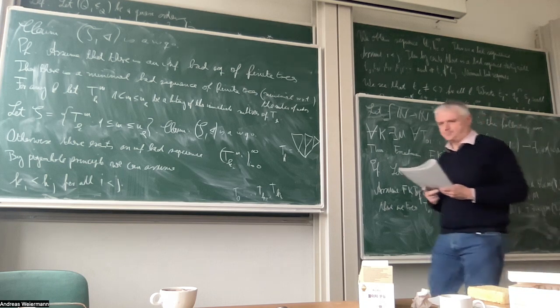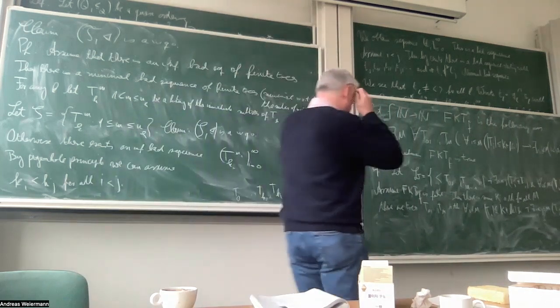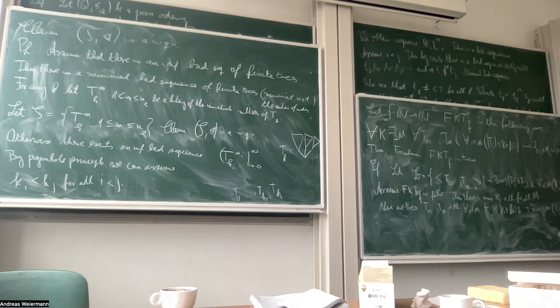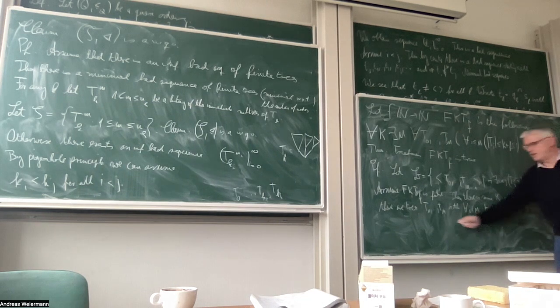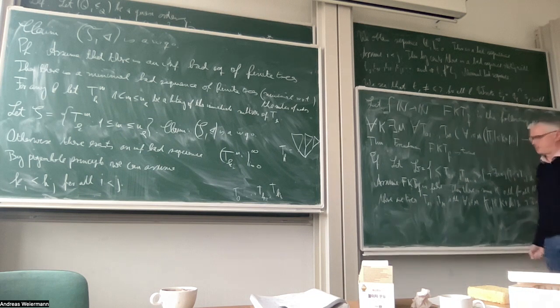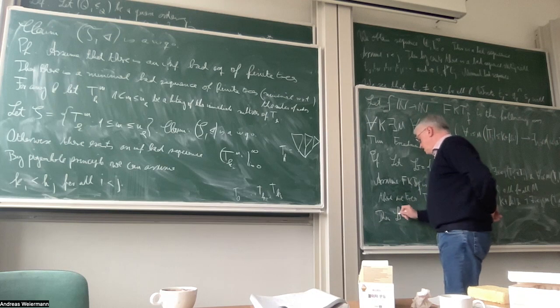What does this mean? This means that this set here, this set B, is infinite. For all M, there is a sequence of length M above. And B is infinite.